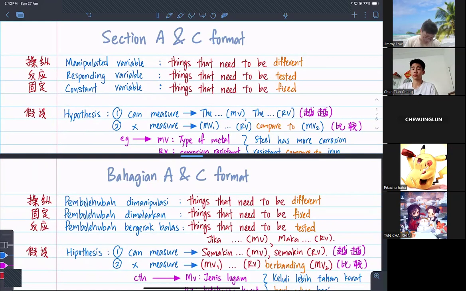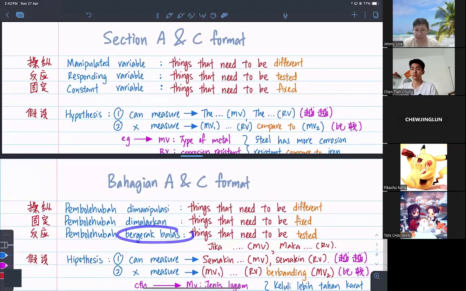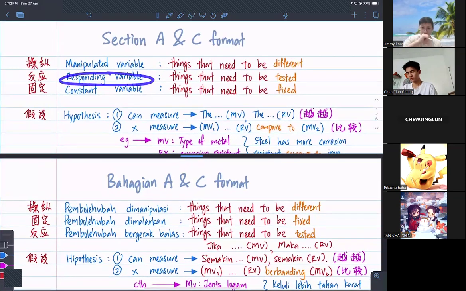Two, responding variable, the thing that needs to be tested. What is the topic I wish to test in this experiment? What is the result I'm going to test? So it's the so-called responding variable. Talking about constant variable, these are things that need to be fixed to make sure your experiment is fair.